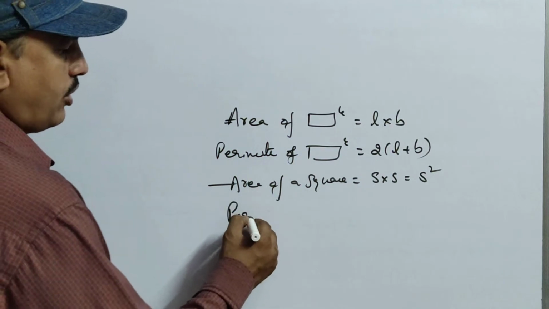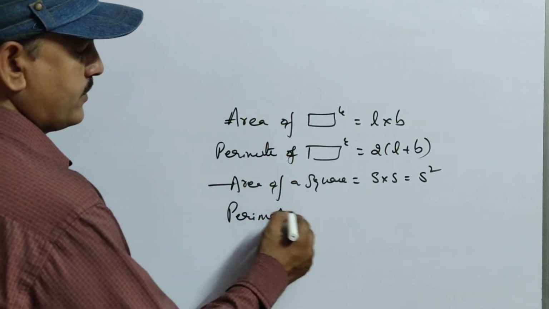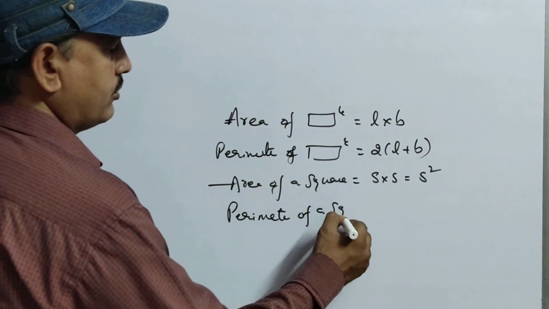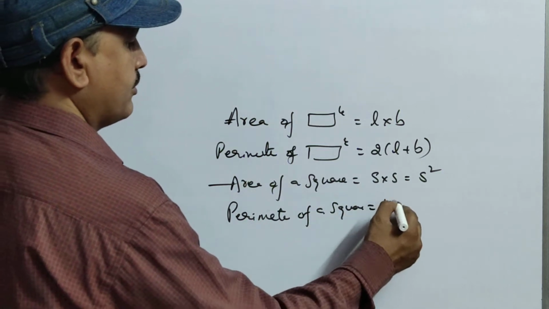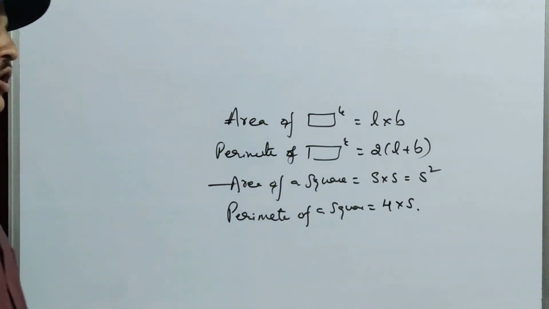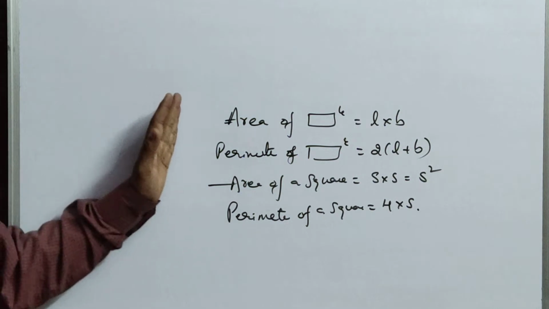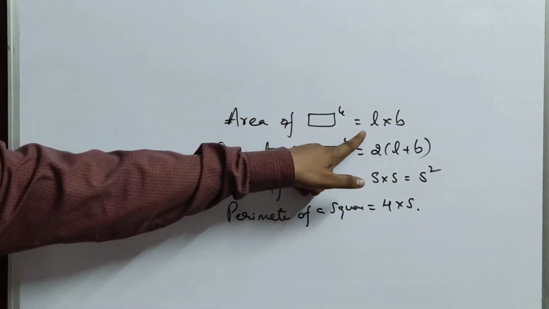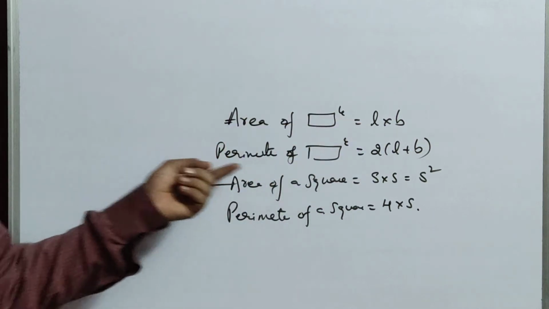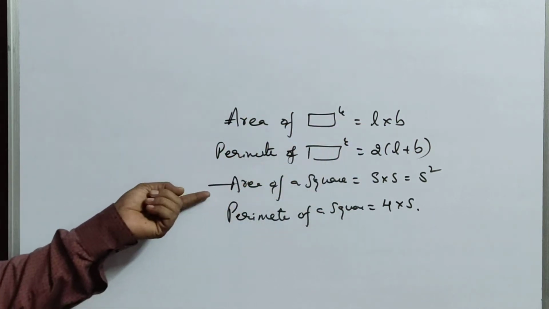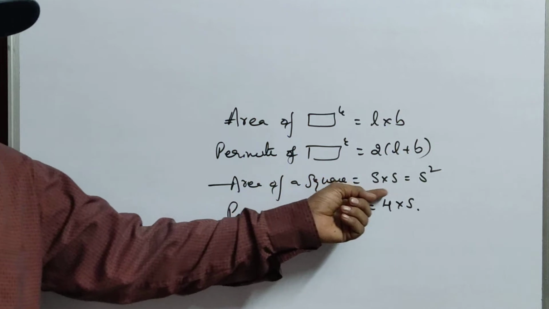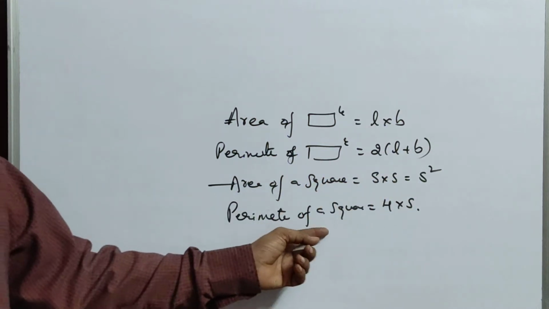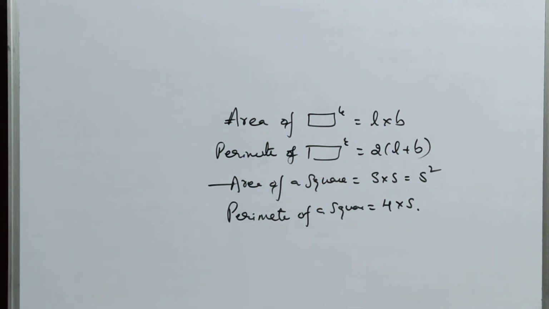Similarly, perimeter of a square equals 4 into side. So these are the four formulas which are very helpful for you in this chapter. Area of a rectangle is L into B, perimeter of a rectangle is 2 into (L plus B), area of a square is side into side, that is S square, and perimeter of a square is 4 into side.